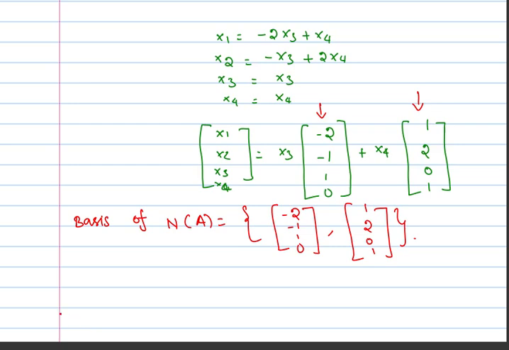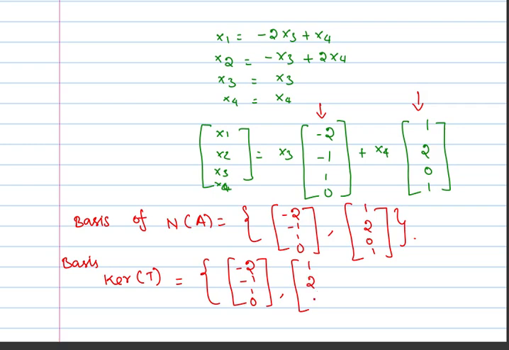This is the null space of A, or in our question, the kernel of T. The basis of the kernel of T is minus 2, minus 1, 1, 0 and 1, 2, 0, 1.